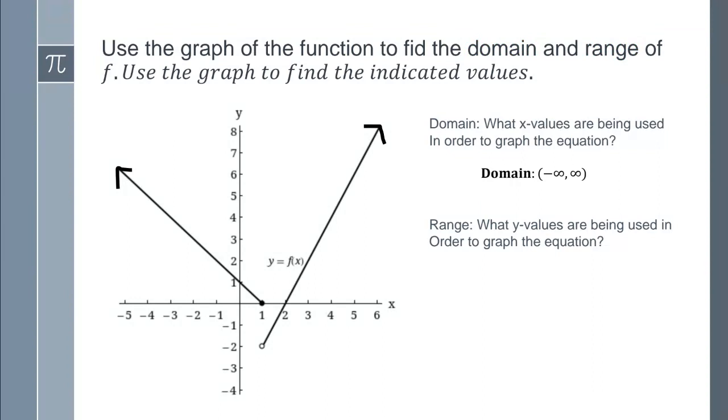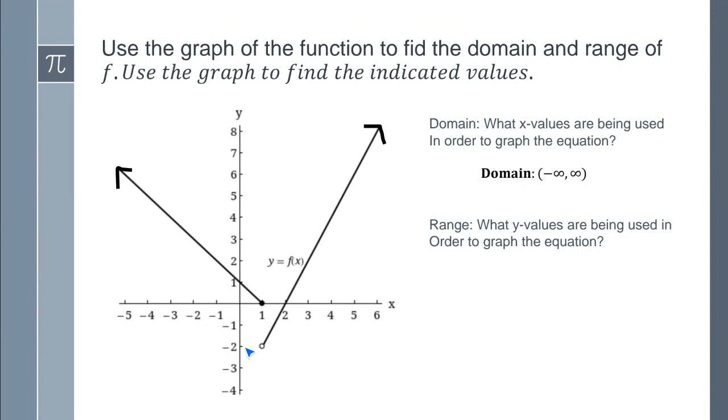Okay, so let's look at the range. What is the smallest y value? Now, on this one here, it's saying that I start at -2. That's the smallest y value, but because it's an open circle, I'm not including that. And so how do I indicate that in interval notation? I'm going to use a parentheses, but I start at -2.